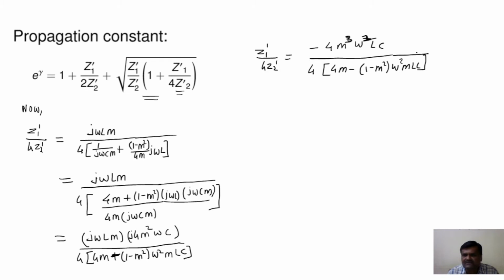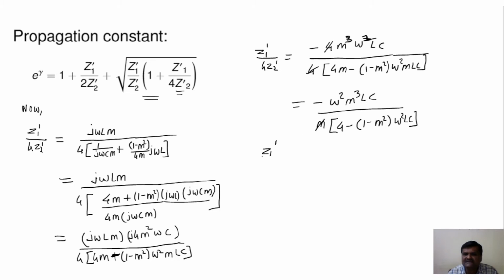So this 4 and 4 cancel each other. Right here minus omega square m cube LC divided by, I take m common in both, I take m outside, so 4 minus 1 minus m square, then omega square LC bracket, and m cancels. So z1 dash divided by 4 z2 dash is equal to minus omega square m square LC divided by 4 minus 1 minus m square omega square LC.